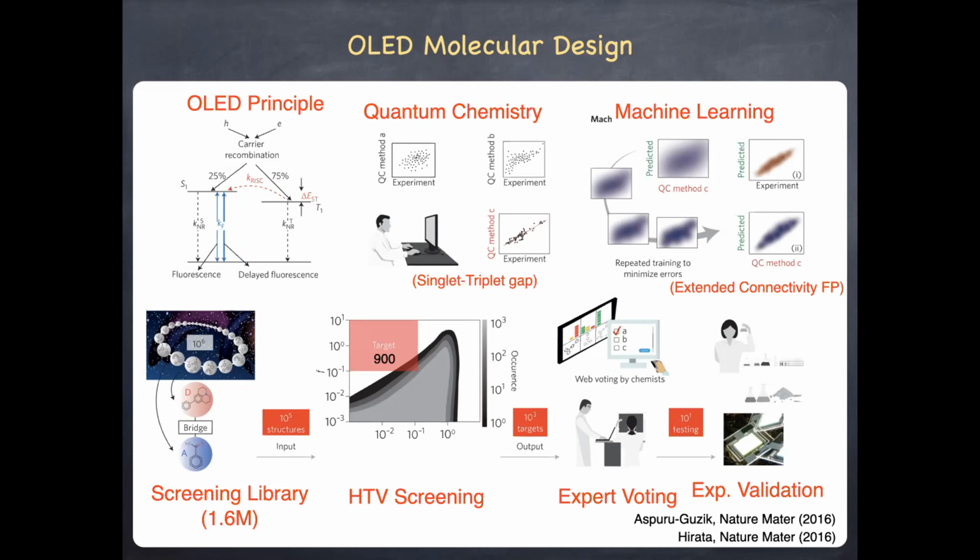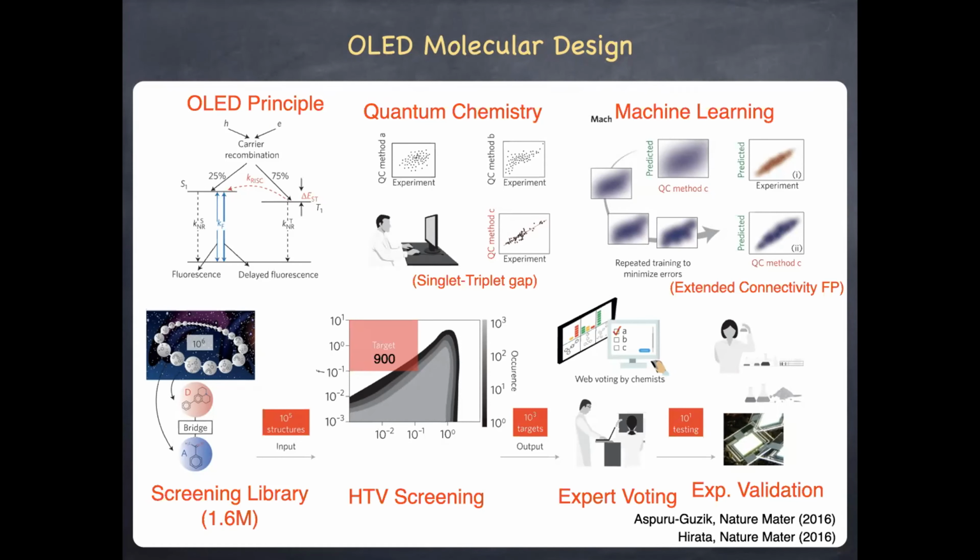However, if the number of candidate molecules is at a larger scale, such as of the order of millions of molecules, then one cannot afford to do quantum chemistry calculations for all those candidate molecules.